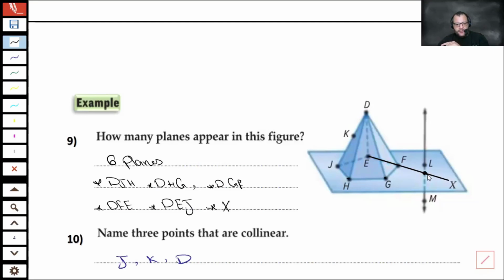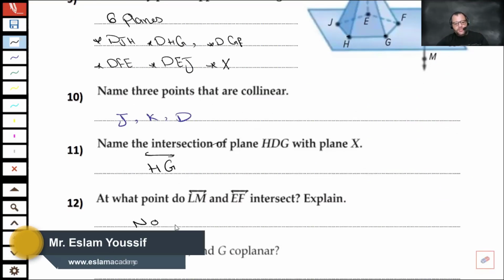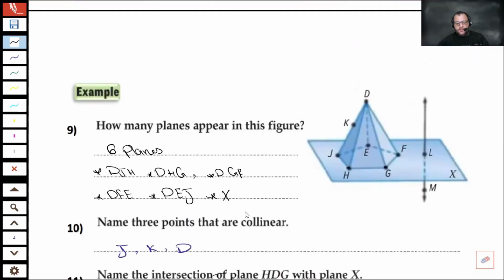Also, if the line was going to reach L, then there would be an intersection. The intersection is down here at the blue part, under the plane, not above the plane.